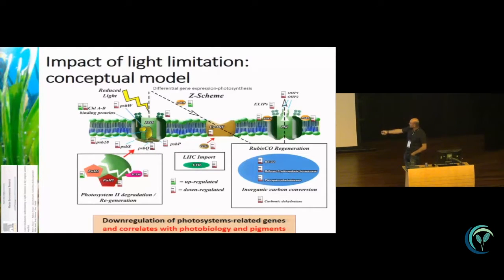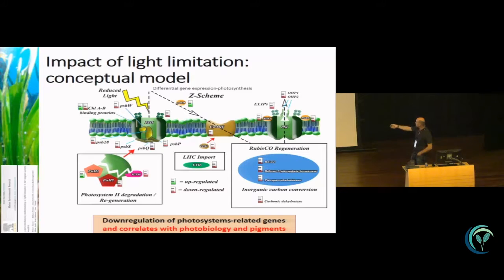A green box means it's upregulated, a red box means it's downregulated. Everything with photosystem 2 is downregulated in low light. Chlorophyll AB binding, some genes are upregulated, some are down. Interesting over here, the Z scheme. So NDHM is upregulated. Why might that be? Because we've got more cyclic electron transport. We're actually moving electrons. Instead of it going in a linear way, we're going in a cyclic way.